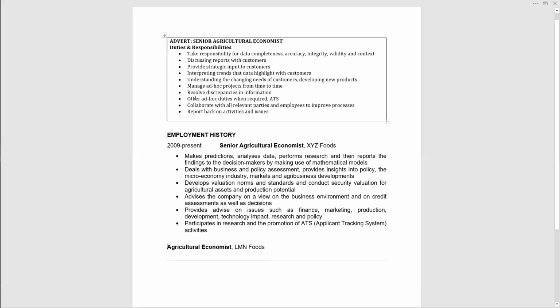You see here they say other ad hoc duties when required. If you still have space, you can just include some of those extra things that you do, a limited amount of them. However, it is not necessary. Just use your advert as a guide, and then you are good to go.